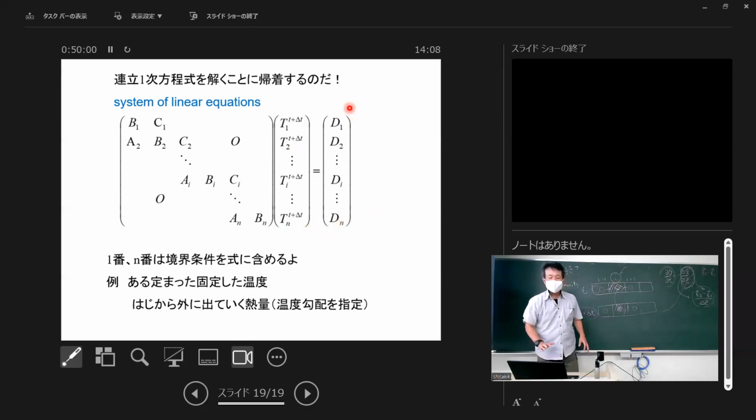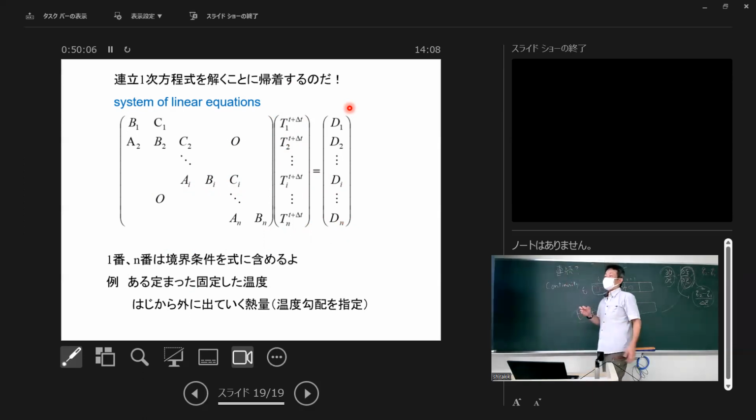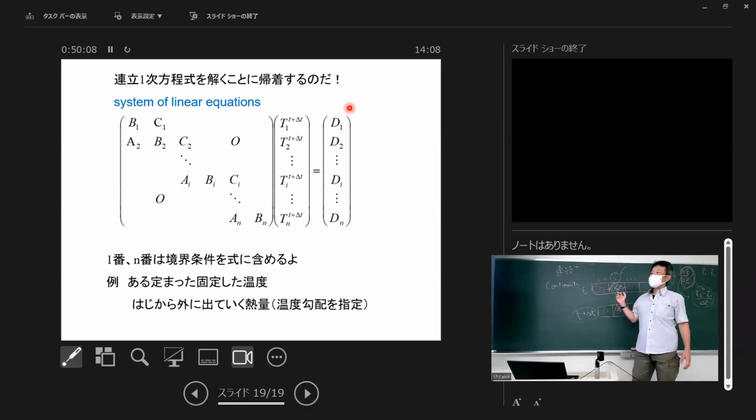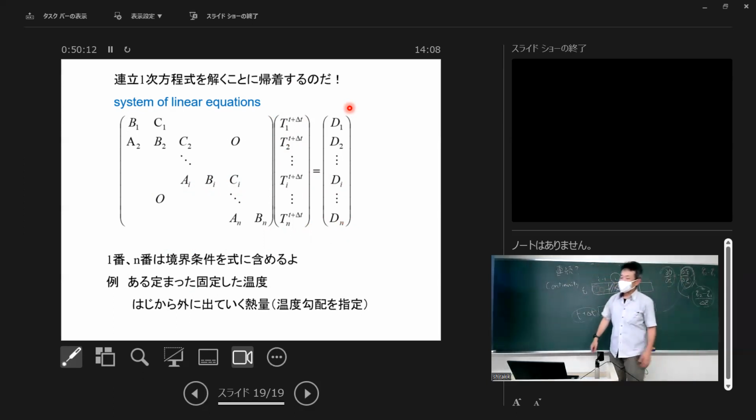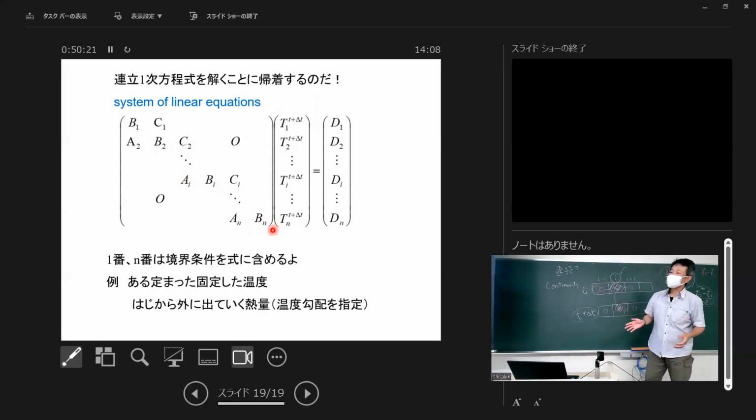Then yes, we can make the set of the system of linear equations here. Then you know that this is a very simple matrix with the central value and only the adjacent data. So this formula can be solved a little bit easily.